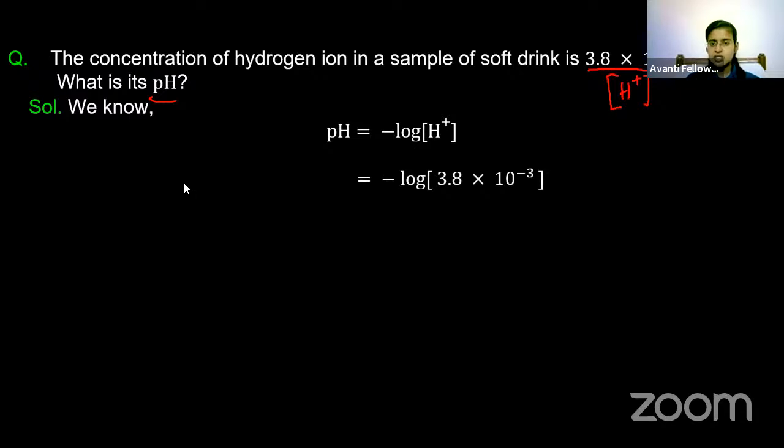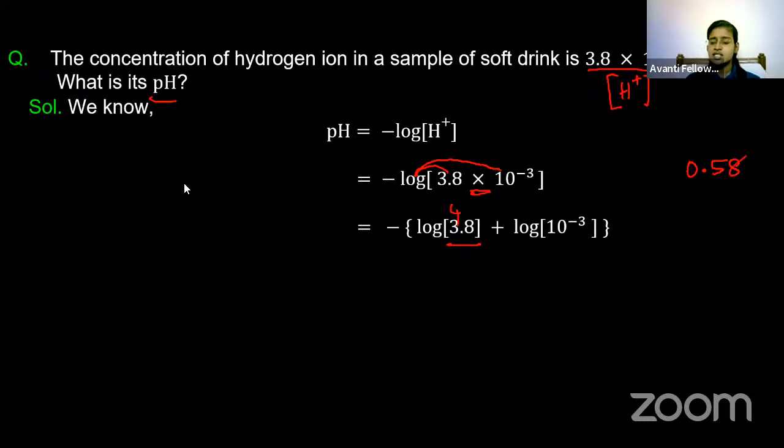Now the log is common for both 3.8 and 10^-3, and here we have a multiplication symbol, so put plus. It is minus of log 3.8 plus log of 10^-3. You can take 3.8 as 4, and the log 4 value is 0.6, actually 0.6.